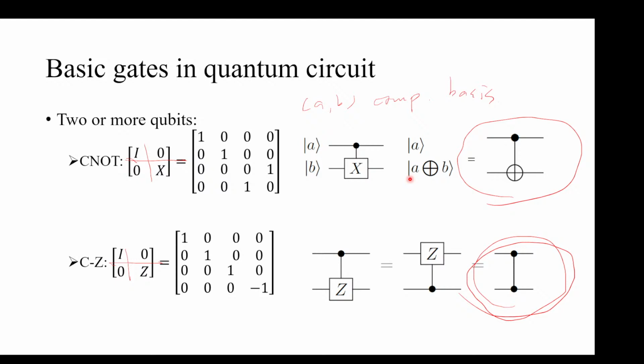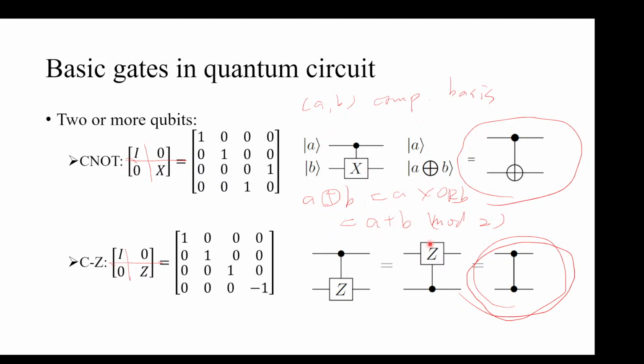It's equal to 1 if and only if A is not equal to B. It's easier to say this is the usual plus, A plus B mod 2. So it's equal to 1 if and only if A is not equal to B, and equal to 0 if and only if A equals B.